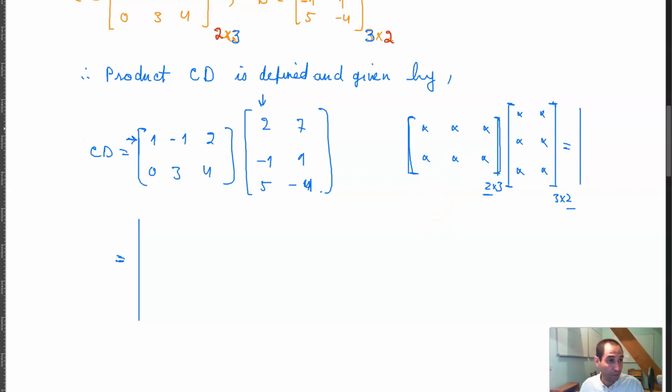Now, first of all, you will take this row and this column, and you write it here. This is number 1. Number 2, you will take this row, this one, this one, this one, this one.